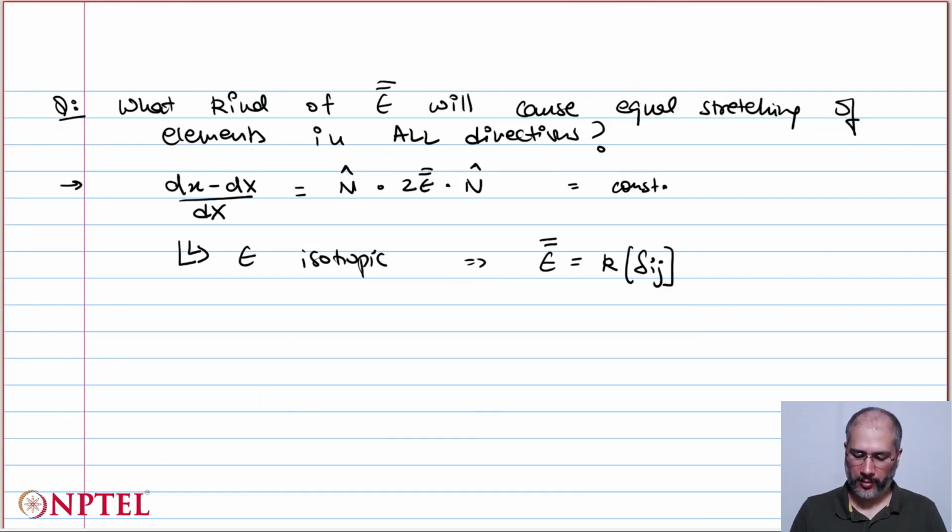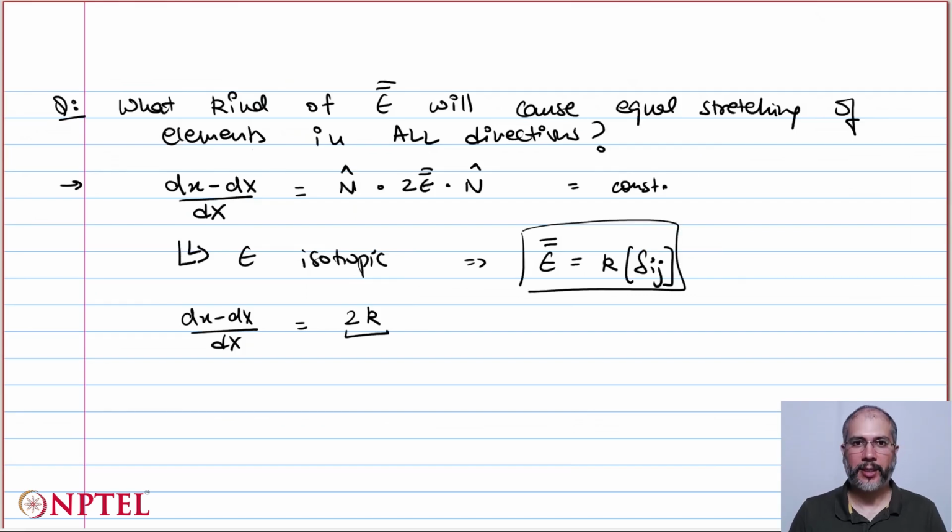So in that scenario, (dx minus dX) upon dX becomes twice k. So you see, this is a constant, and therefore any direction you choose, the element would be stretching in an equal manner. You can also check that for this type of epsilon, there will be no shear strain in any direction.